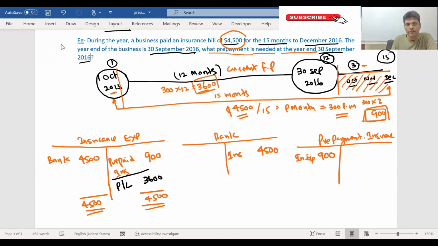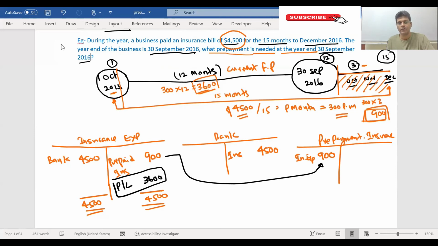So this is the relevant expense for the period, 3,600. So therefore, the prepayment needed at the year end 30th September 2016 is 900, that we transferred to the prepayment account. So this is the answer for this particular question.